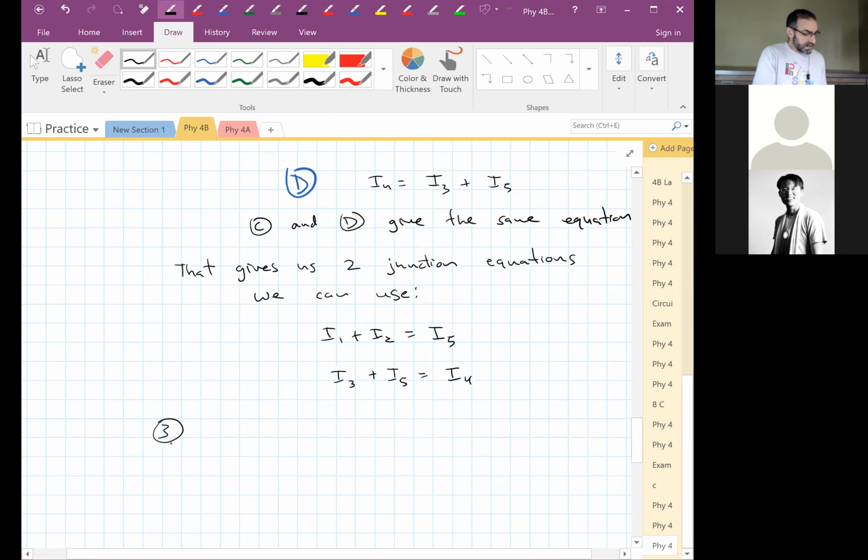And it's nice to mark the high voltage side of each device.